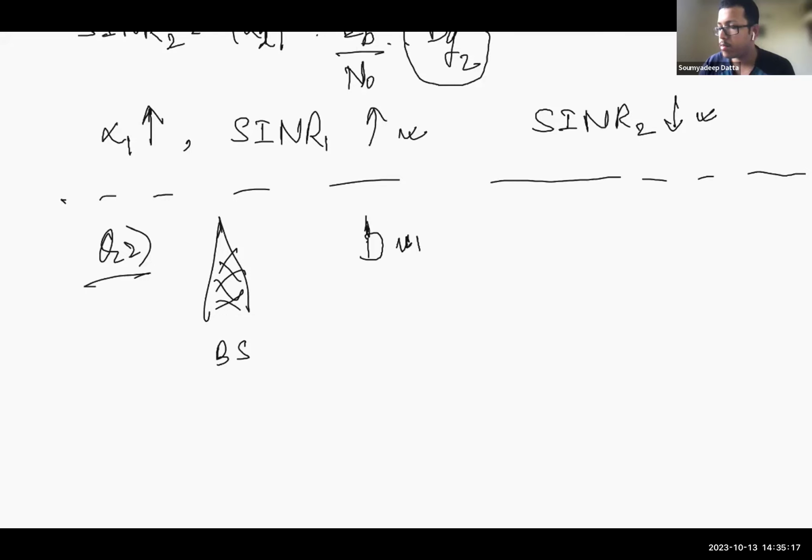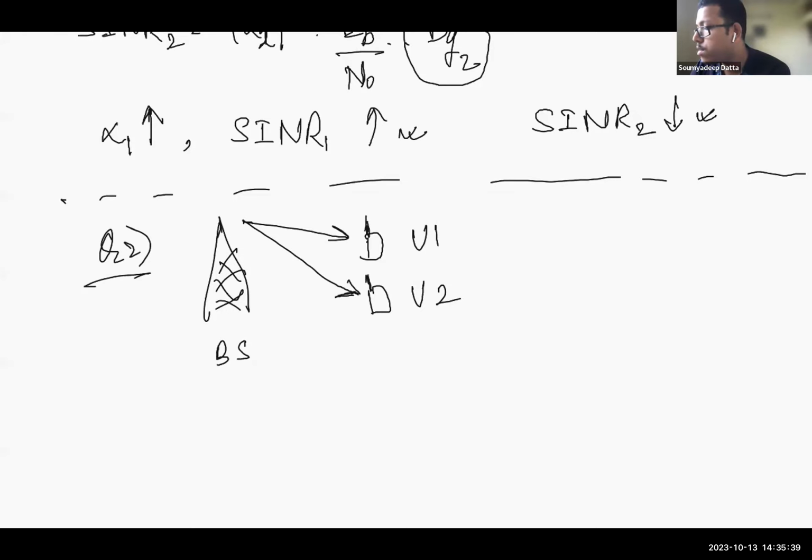The base station needs to communicate to both, U1 and U2. So what we have is a downlink CDMA system.